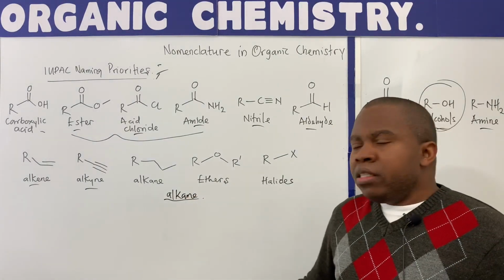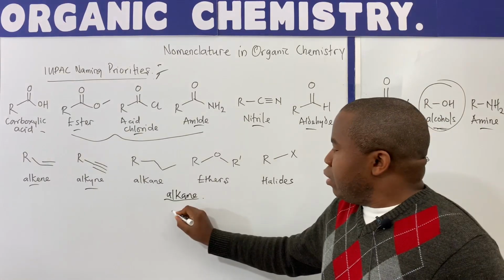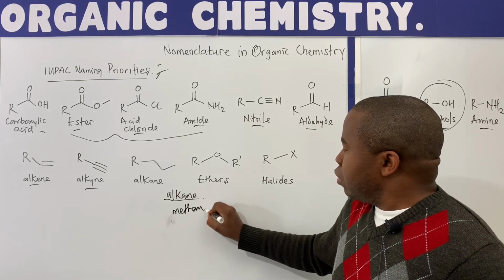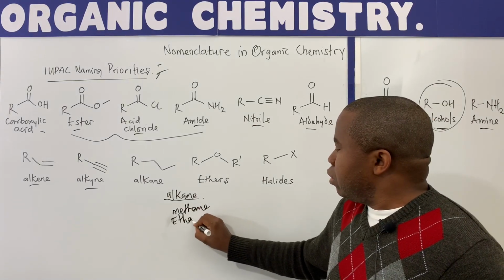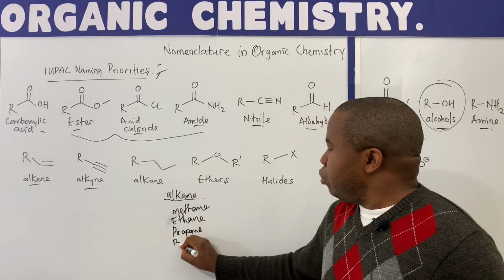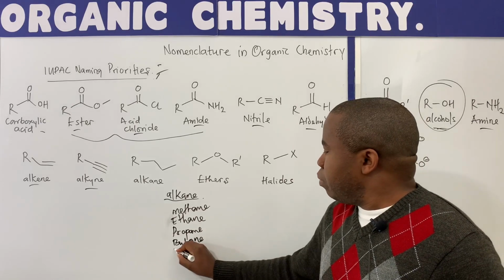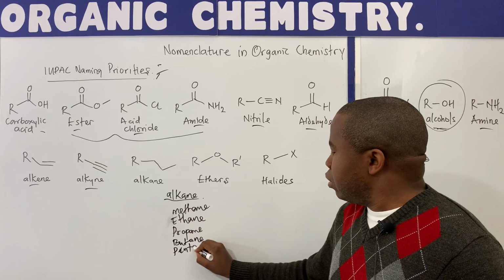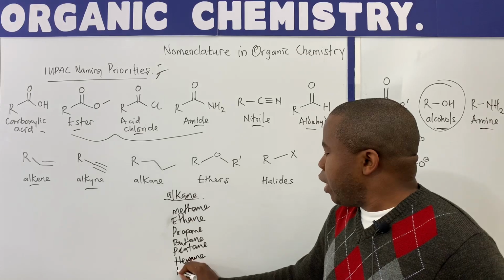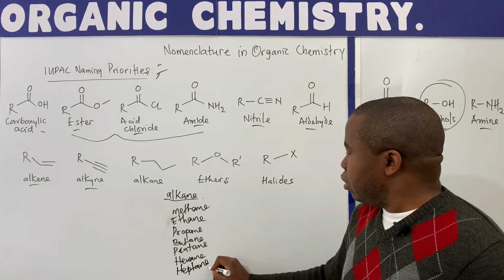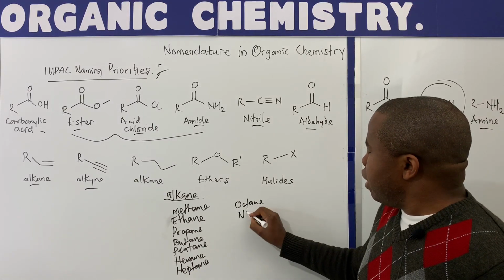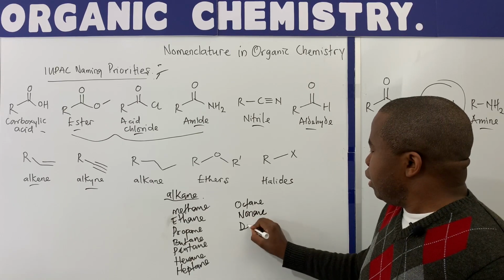So the alkane family, the first 10 members are methane, ethane, propane, butane, pentane, hexane, heptane. I'm going to write the next one here: octane, nonane, and decane.